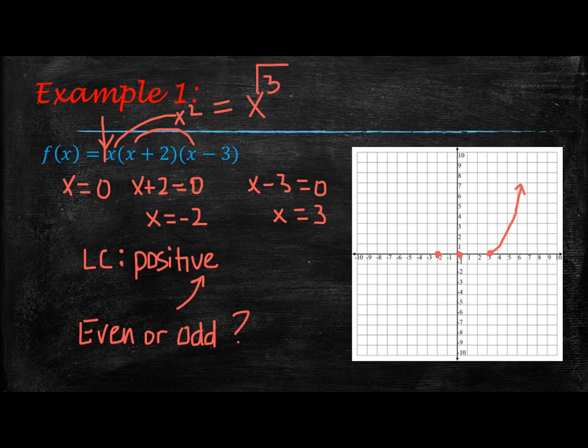So my degree is 3, which means I have an odd function. And remember, odd function means that the right and the left side are going in different directions. So if my right side is going up, my left side is going to go down. So on the left side of your graph, from that -2, you want to make sure that it's going down.